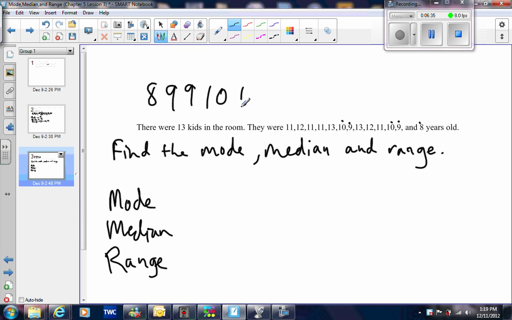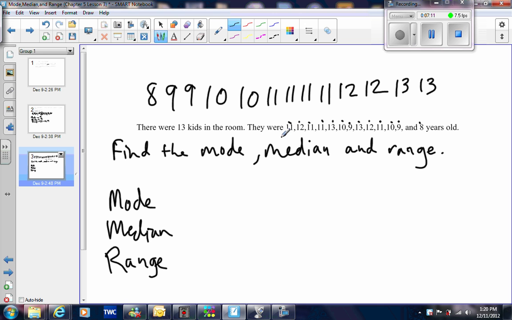There's another 10. 11, 11, 11, 11. 1, 2, 3, 4 11s. 12 and 12. And 13 and 13. So I have 1, 2, 3, 4, 5, 6, 7, 8, 9, 10, 11, 12, 13 data amounts, 13 kids in the room.